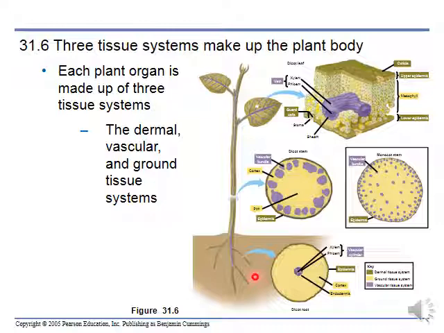The ground tissue is in yellow, and here that's the pith and the cortex. That's all ground tissue. If it's inside the vascular ring, it's called a pith. If it's outside, it's called the cortex. And the dermal tissue, like the epidermis and the cuticle up here, that's in green. That's true in all the diagrams you're going to see.